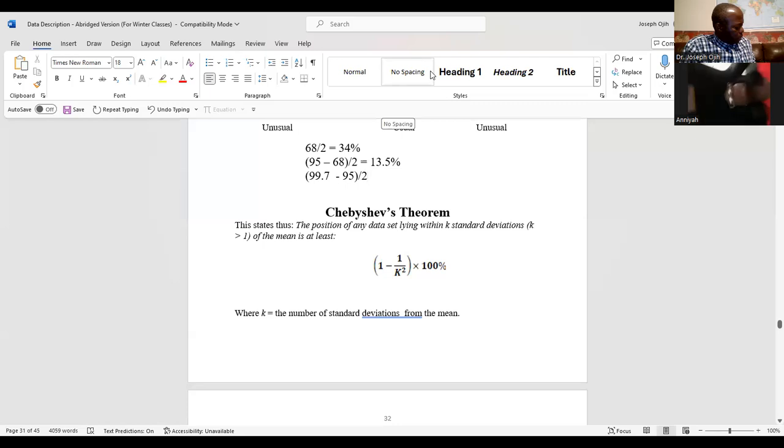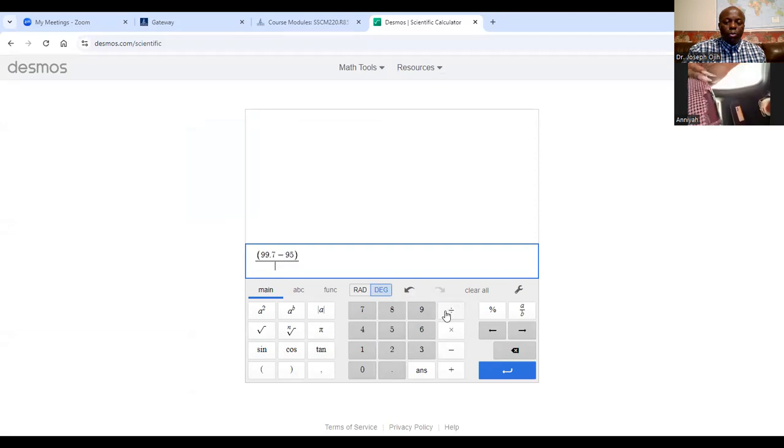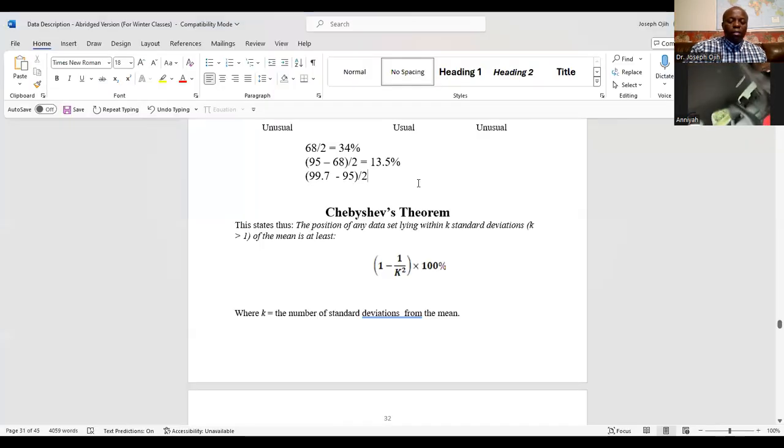On the calculator, 99.7 minus 95 divided by 2 gives me 2.35%. 2.35% on both sides.